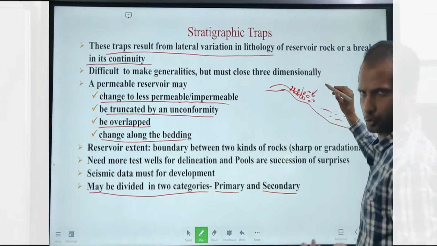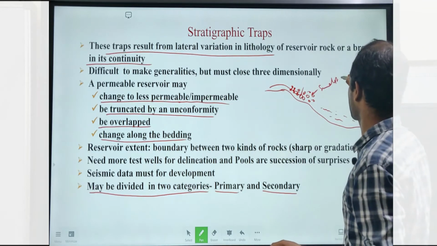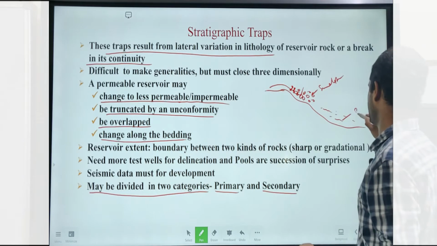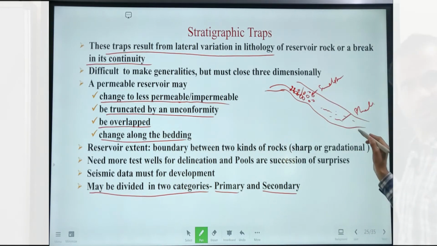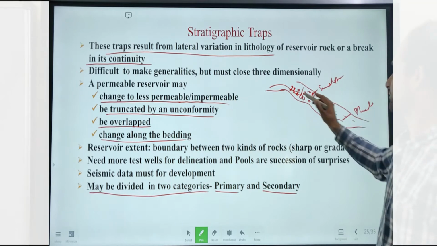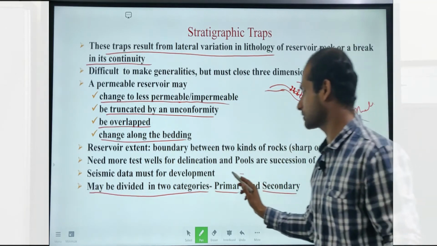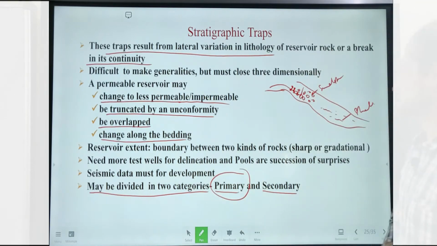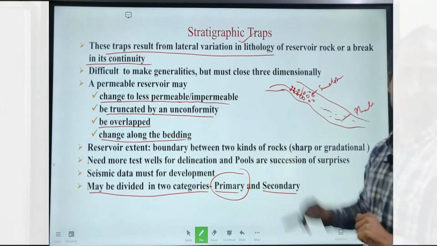Coarser sediment we usually take as sandstone, and finer sediment in general we take as shale. This is how lateral variation is created in a sedimentary basin. If such syndepositional lateral variation is there, we call it primary porosity and primary stratigraphic trap.